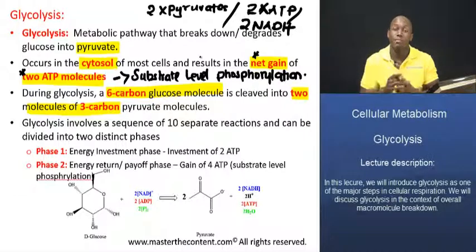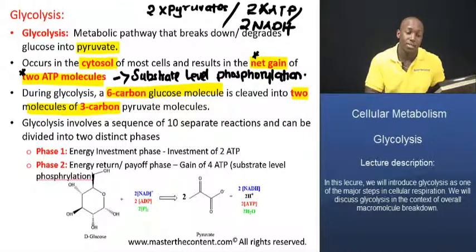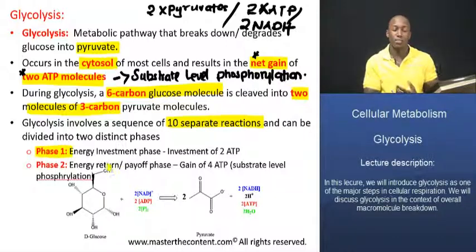Now, glycolysis in and of itself actually involves a sequence of about 10 separate reactions. And we can divide these reactions into 2 distinct phases. The first phase is the investment of energy, the stages of the reaction that require the input of ATP. In this phase, we actually use 2 molecules of ATP per molecule of glucose.